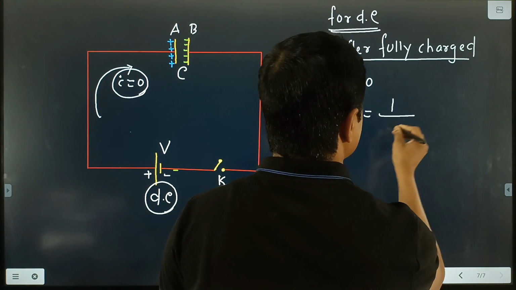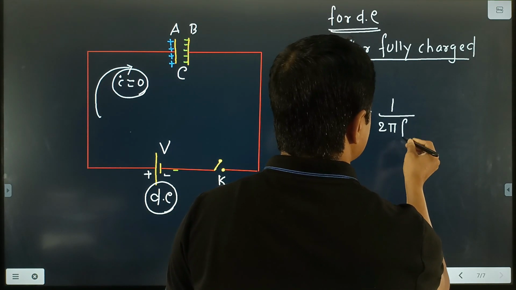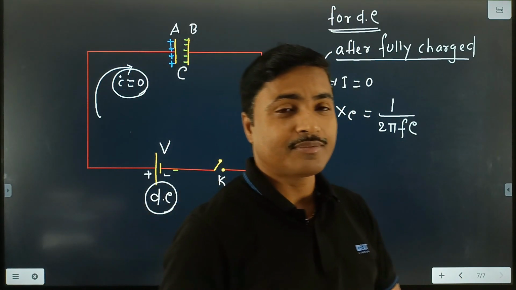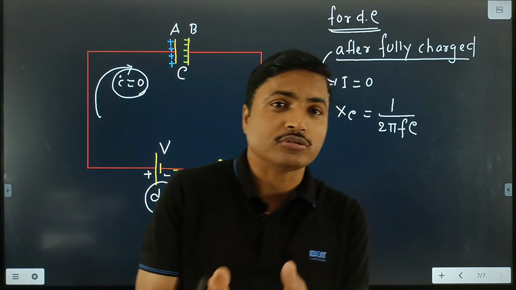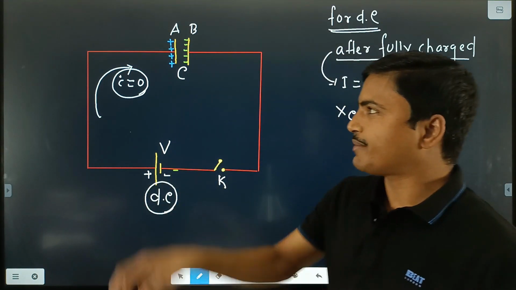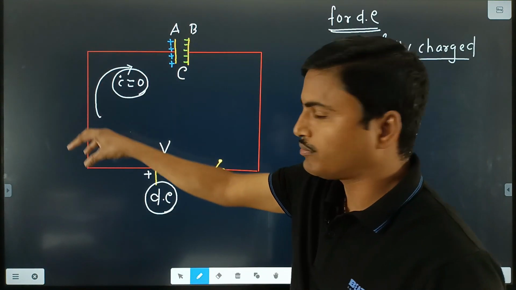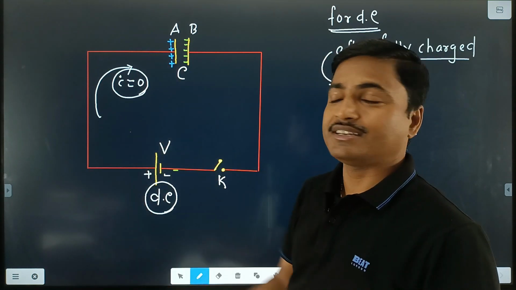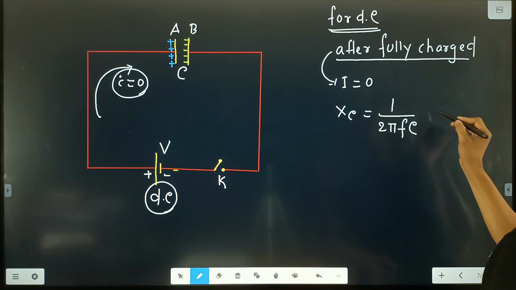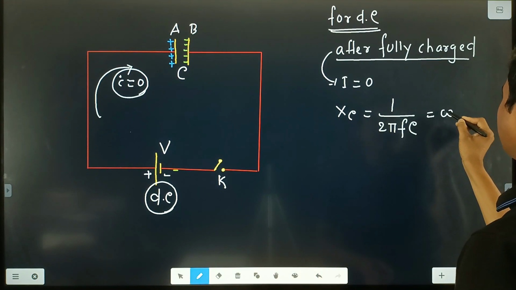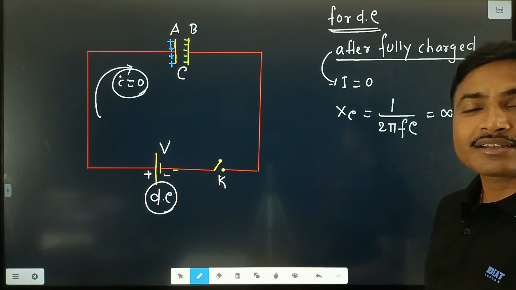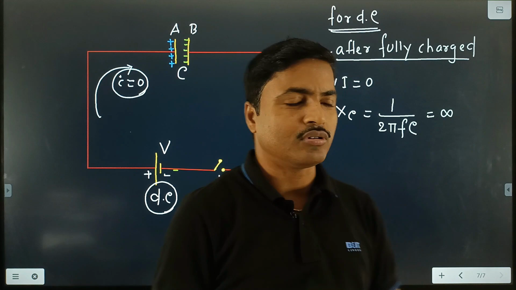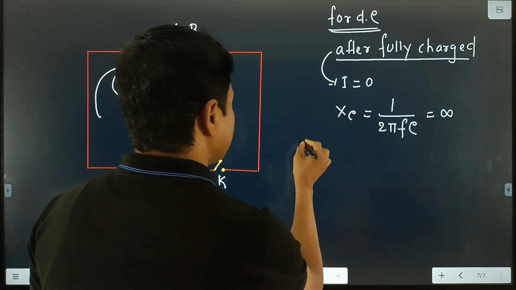XC is equal to 1 divided by 2 pi f multiplied by C. That means the capacitor totally opposes the flow of charged particles or flow of current. That means its capacitive reactance is infinite in case of a DC circuit.